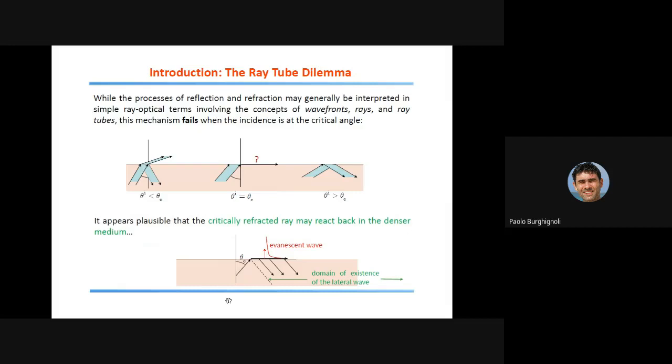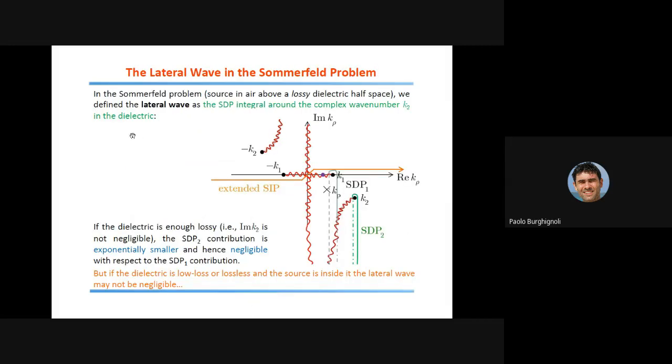starting with the mathematical formulation of the Sommerfeld problem that we have already addressed in the previous lecture. In fact, as you may recall, in the previous lecture, we have already introduced the concept of the lateral wave as the contribution to the potential excited by a vertical dipole given by the integral around the steepest descent path, which is this vertical folded green path here in the picture, that goes through the branch point k2, which is the branch point of the denser medium in the example we saw in the previous lesson.